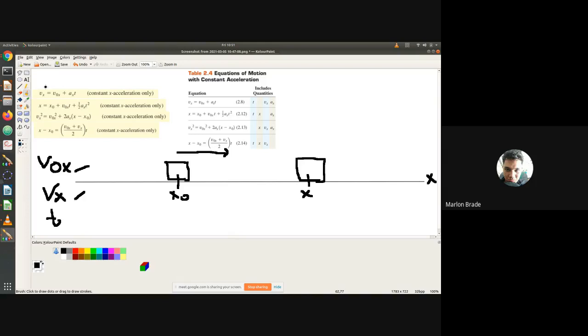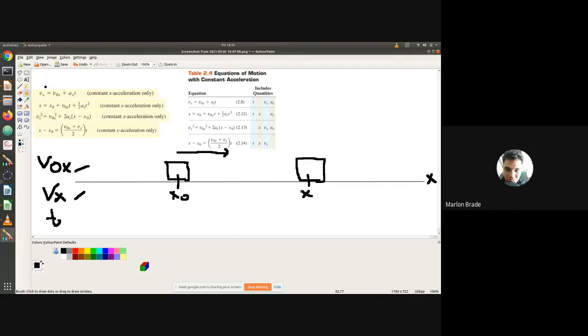So if we are asked to find the final velocity, you cannot use the second equation because it has no final velocity vx. The third equation has no time, so if we are asked to solve for time, there's no way to solve the problem using the third equation.